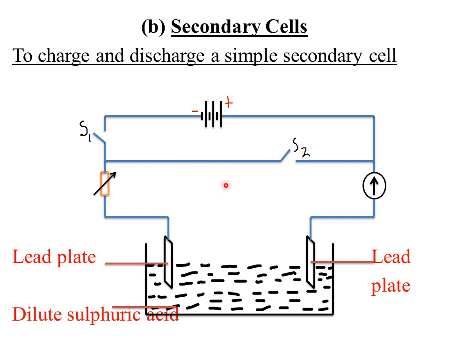So remember, during the process of charging or discharging lead acid accumulators, or simply a simple cell, there is production of hydrogen gas and also oxygen gas. These two gases, hydrogen and oxygen, are highly flammable.